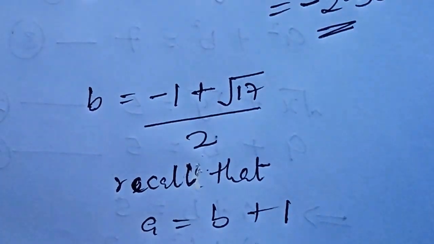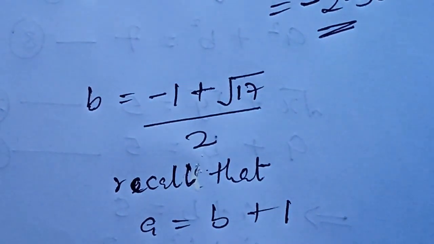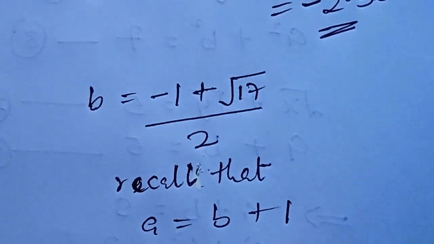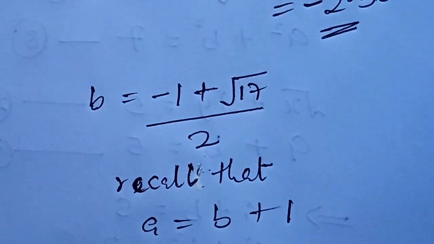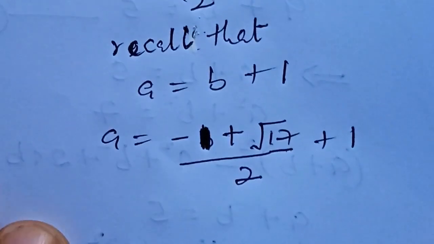Then a will become minus 1 plus square root of 17 over 2, then plus 1.